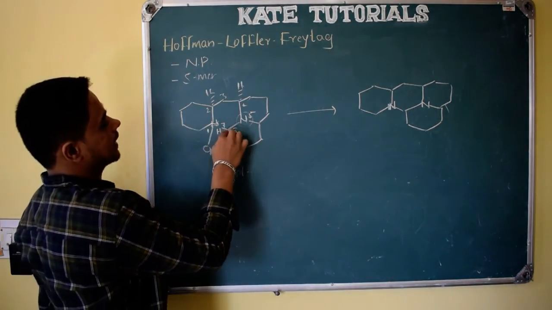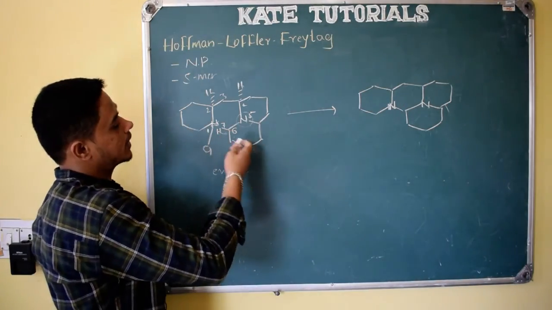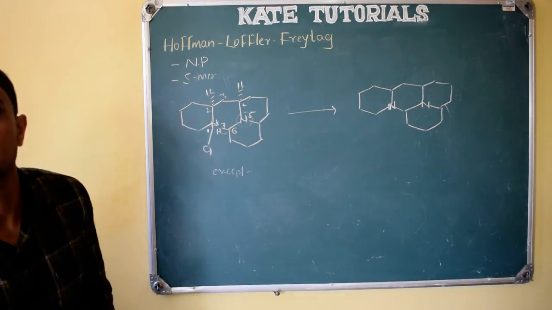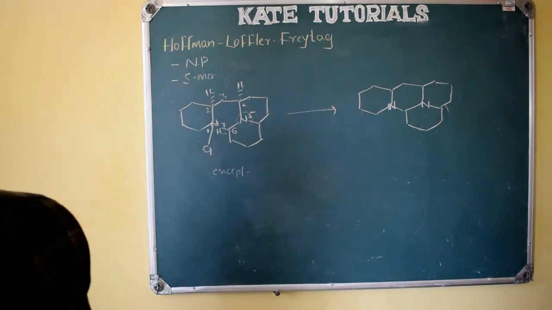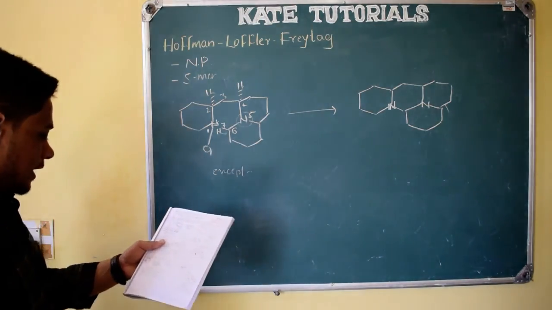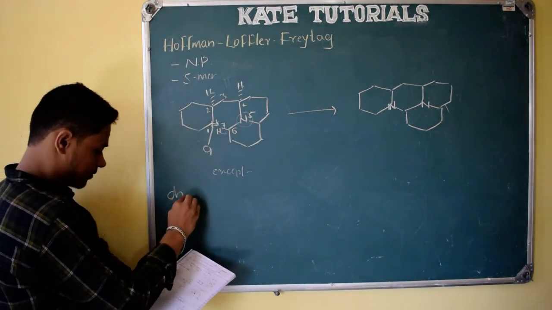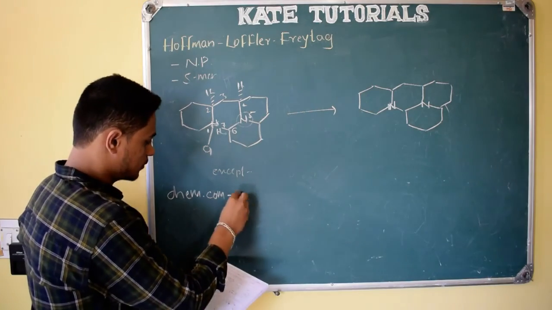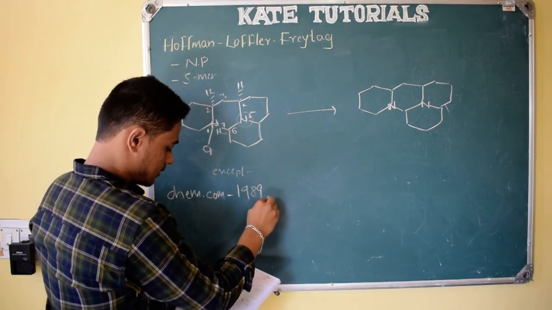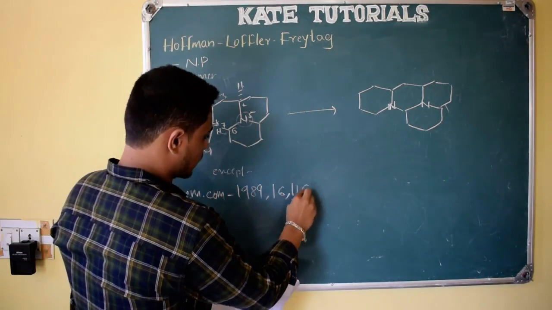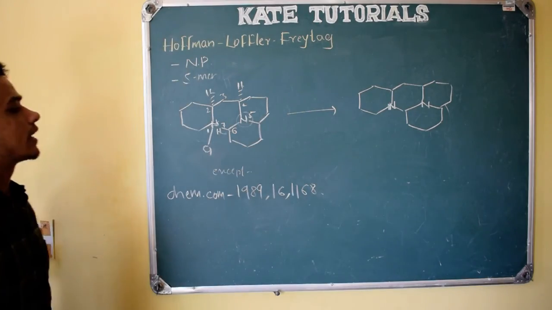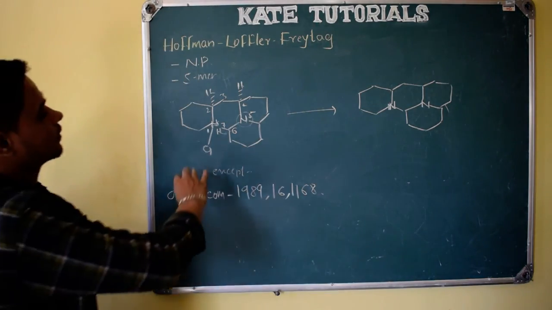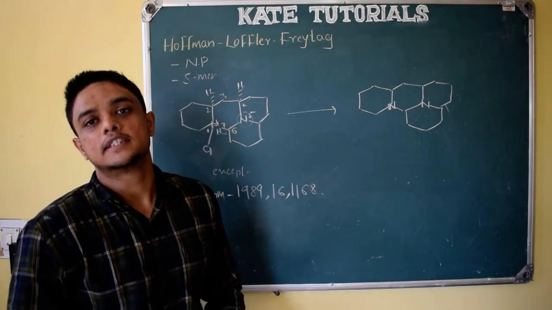Here cyclization has happened. Instead of getting a 5-membered ring, here we have got a 6-membered ring. This paper is published in Chemical Communications, 1989, volume 16, page number 168. So this is the paper.